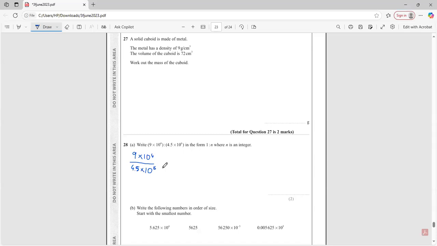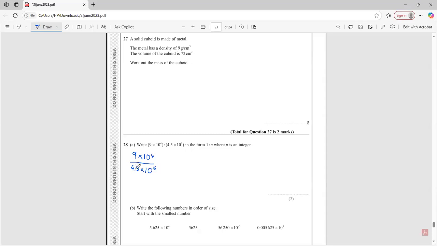Now, the next step is going to be to take care of these. If we wanted to take care of the one that has a decimal point, remember, when you have decimal points in either your numerator or denominator, you need to turn them to a whole number by moving the decimal points of the one that has more decimal places first to the right hand side.